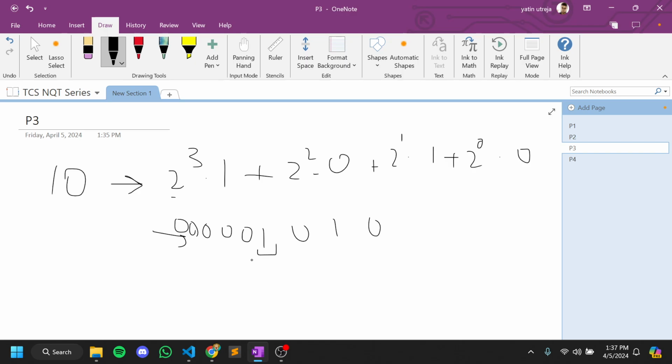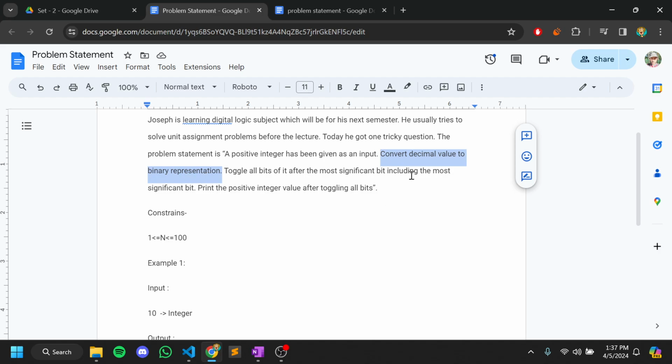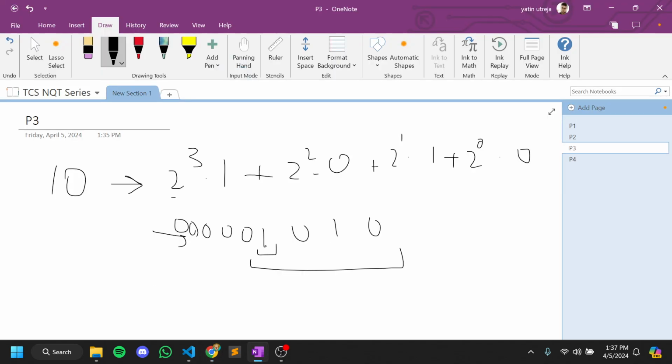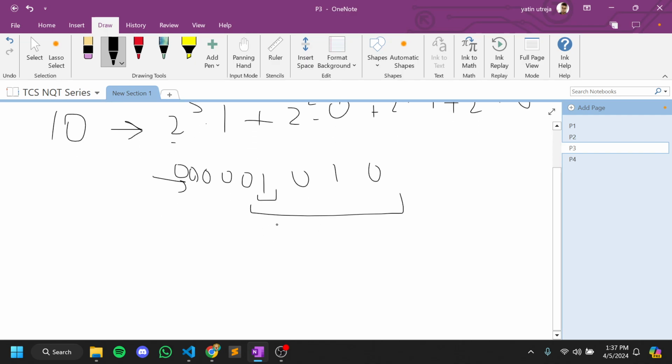So what we need to do is flip all the bits from the 1 onwards, including the most significant bit. Means we have to flip 1 as well. What does flipping mean? Flipping means that we have to convert 1 to 0 and 0 to 1. So basically we need to take a XOR. Take a XOR with 1, here we get 0. Take a XOR with 0, here we get 1.